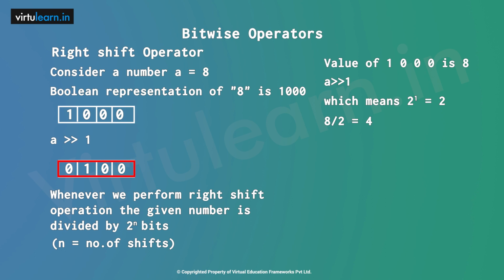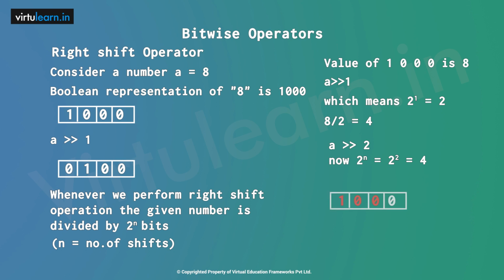Similarly, now the value of A here is 8, which means 1000. Now I am shifting with 2 bits. That is A, greater than sign twice, followed by 2. This is what we call right shift, the greater than signs. Now 2 to the power of 2, what is that? 4.